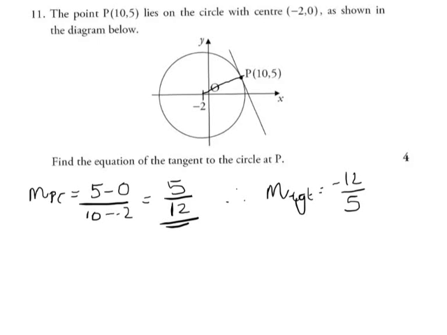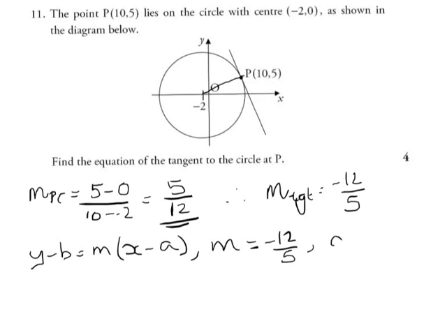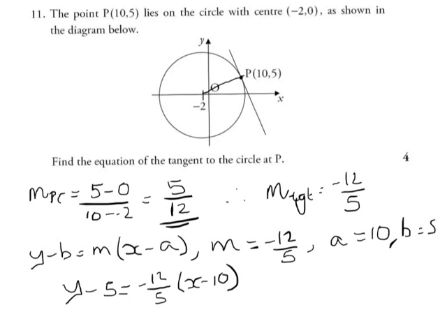Now we're just going to use our basic straight line equation, y minus b equals m times x minus a, with a gradient of minus 12 over 5, a of 10 and b of 5. y minus 5 equals negative 12 over 5, x minus 10. I'm going to tidy that up a little bit so that we don't have the fraction there.